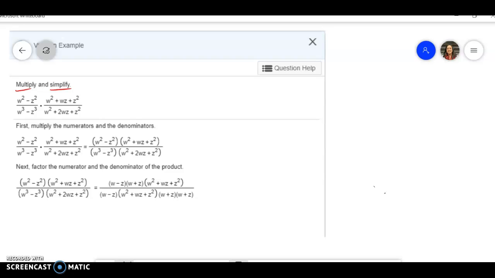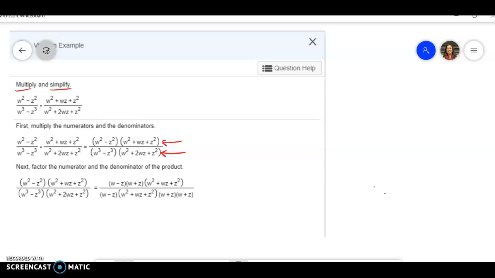And remember, when you multiply rational expressions, you multiply the numerators together, and this is what we had. And then we multiplied the denominators together, and that's what we had. And literally what they did is they just kind of put things together in parentheses, and they didn't really distribute anything. So let me just kind of address that.